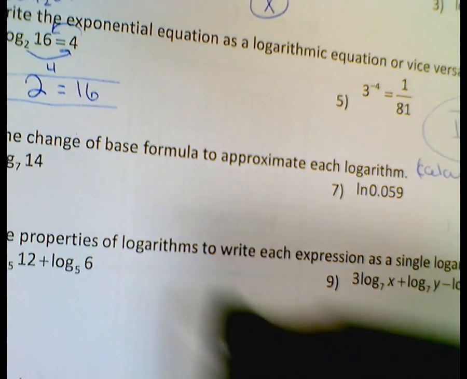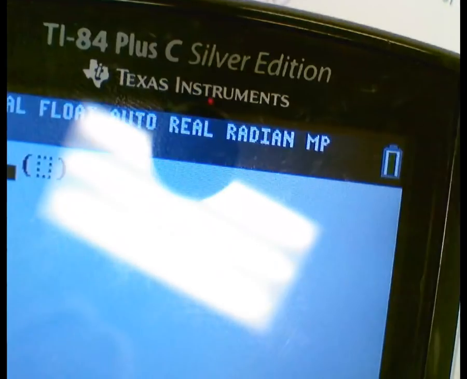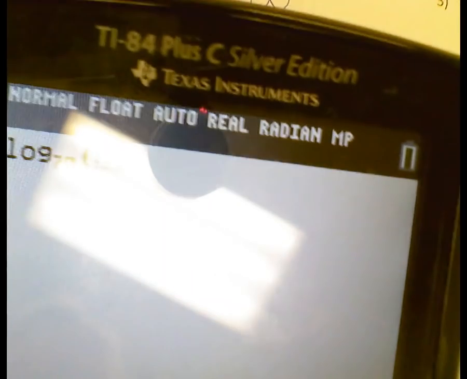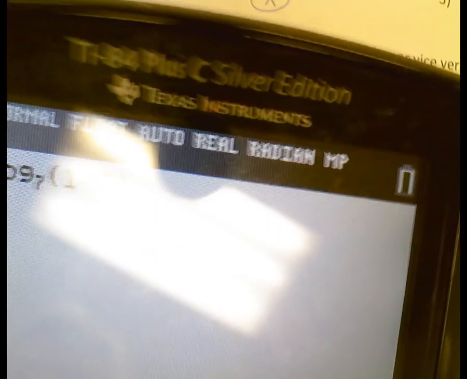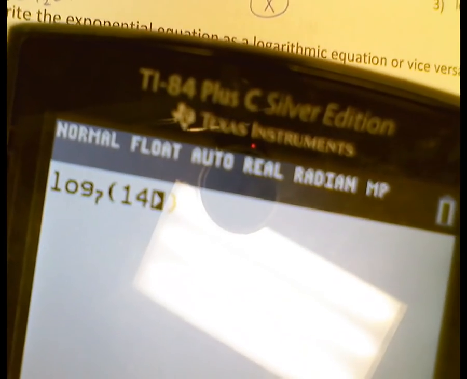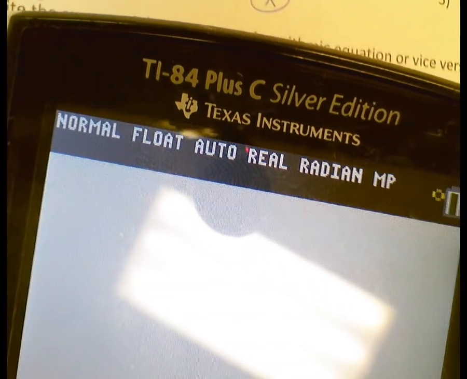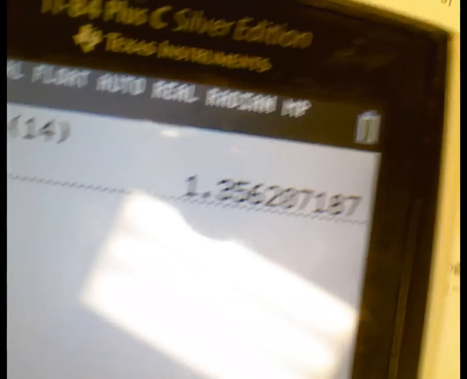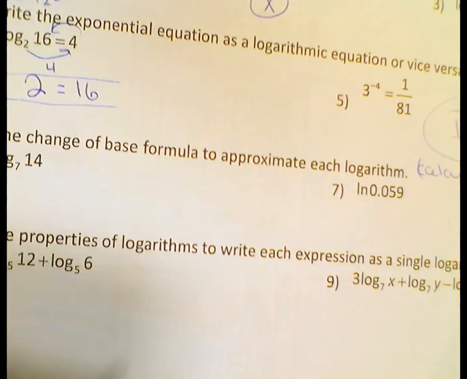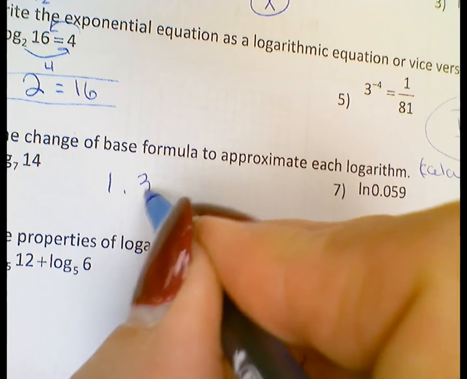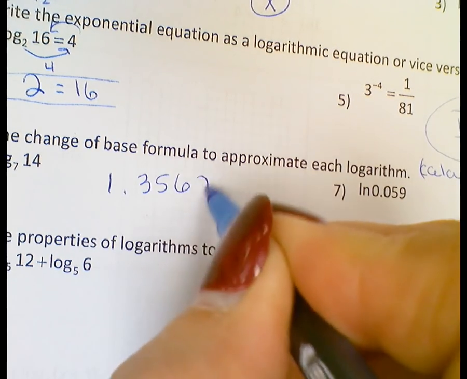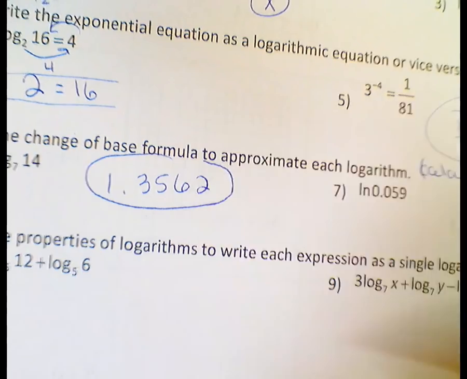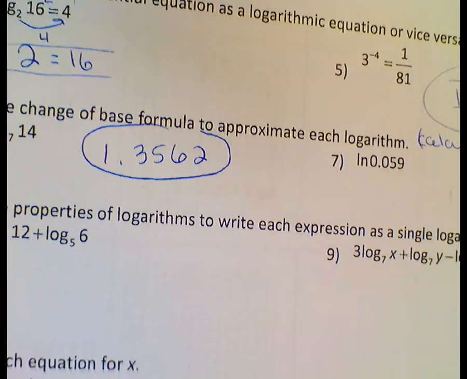So on 6, we're going to punch it in the calculator. Alpha window 5. Put in the 7, put in the 14. Looks like that. Press equals. If you do not have alpha window 5, I will show you how to do that right now.